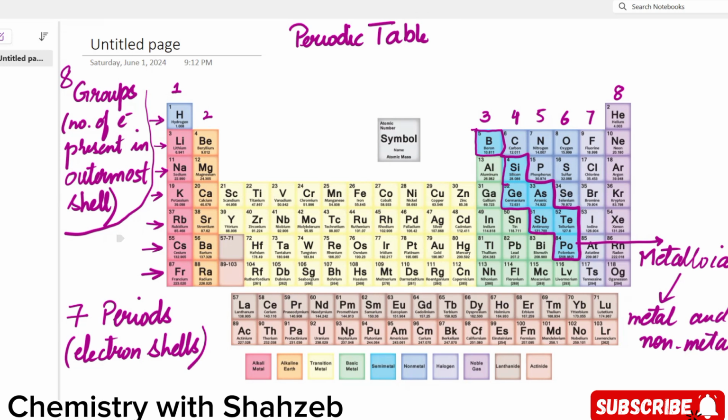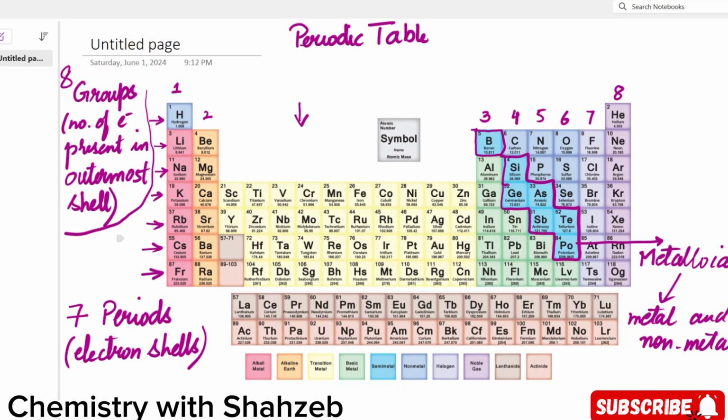On the right hand side of the metalloids, the other elements are non-metals. And on the left hand side, the d block represents the metals. What are the elements which are present between group 2 and group 3?